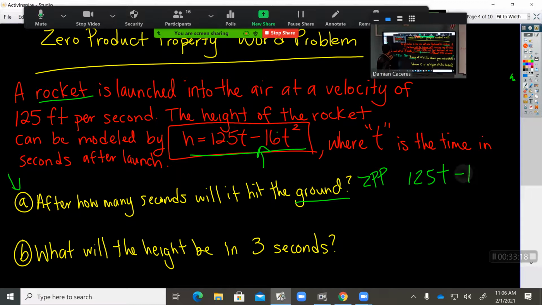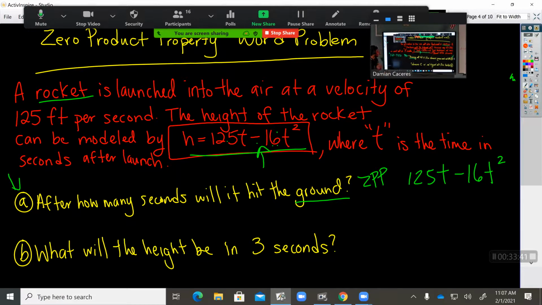125t minus 16t squared. By the way, -16 is always in every question that involves gravity. Gravity pulls everything to the ground. At what rate? -16. It pulls it to the ground that fast. So this is all you're going to do when you see a -16. Literally that number.